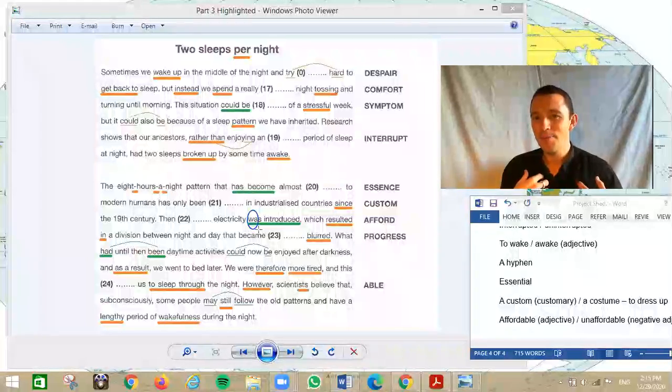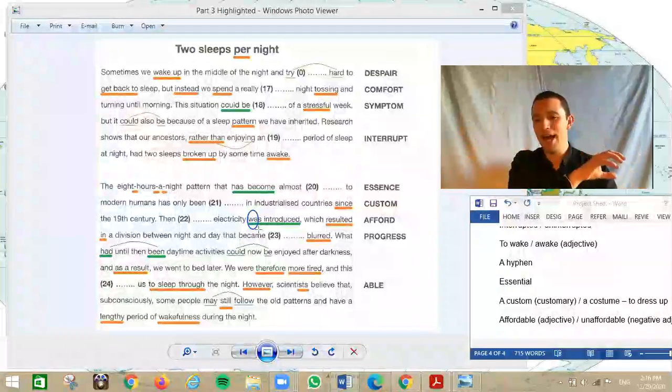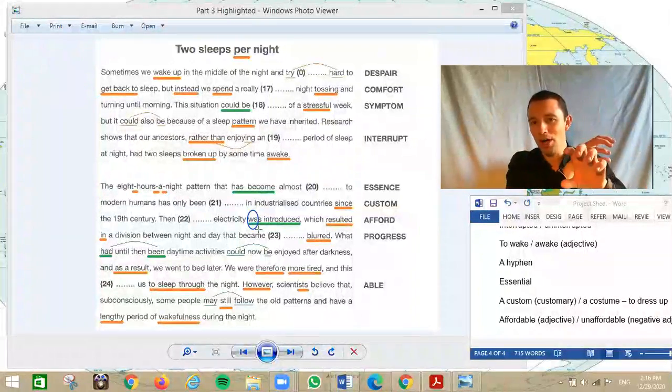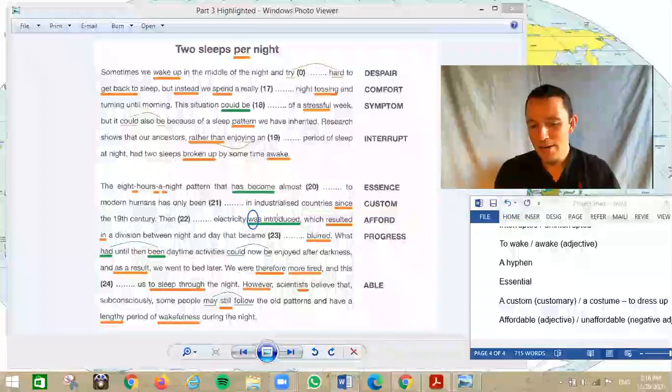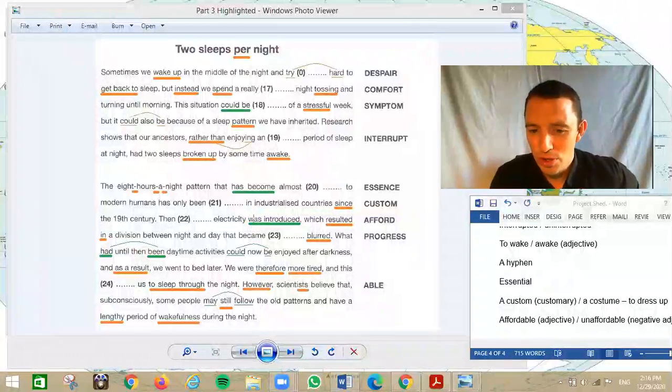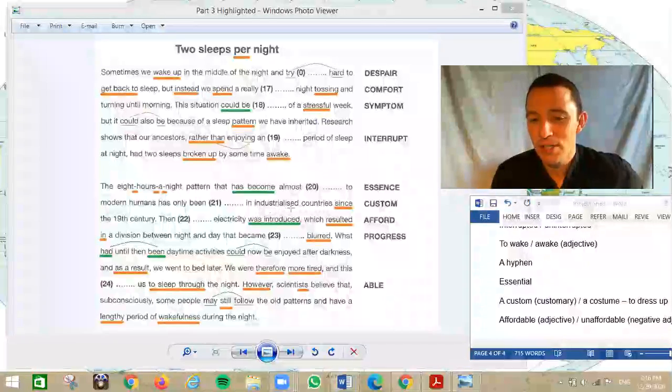Okay, so active: I introduced my friend to another person. And then the passive: my friend, auxiliary to be, was, participle introduced by me to another friend. Okay, so here's an example again, was introduced. It doesn't say by who. It's not necessary here to say by who. It just says in general it was introduced.